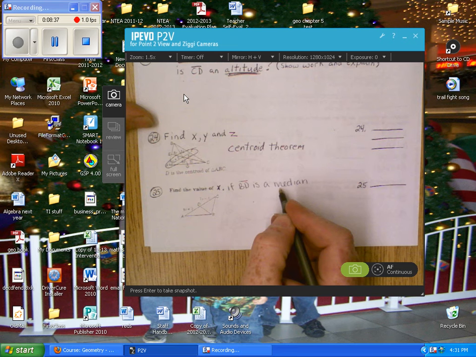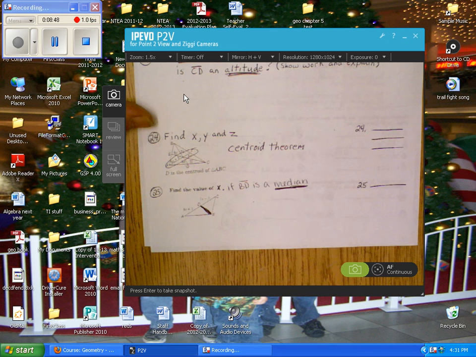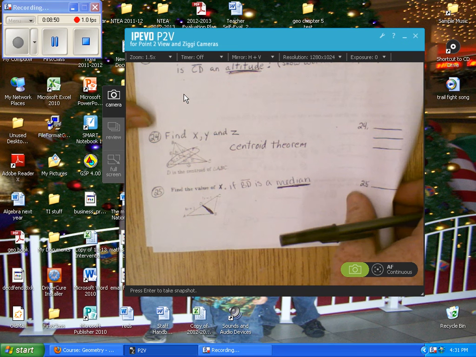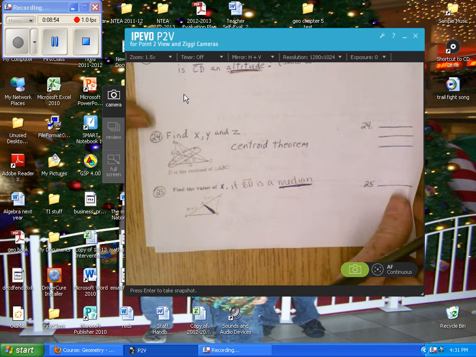You've got to know what it tells you if segment BD here is a median. What's that tell us? And then use that to set up your equation and solve for X.